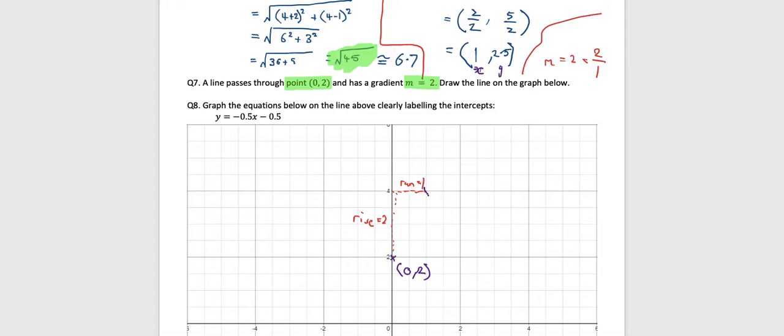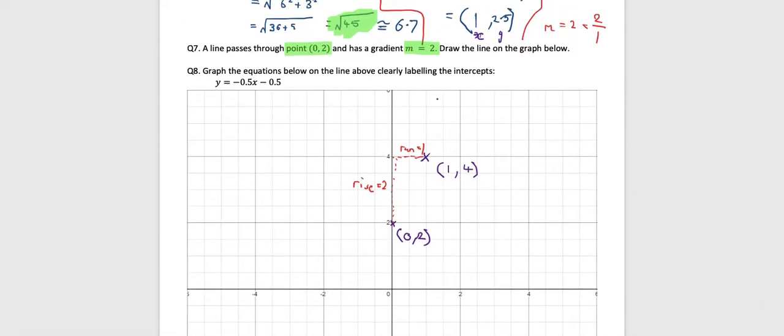So our second point is going to lie here. Because we've gone across 1, we can simply go 0 plus 1 equals 1, and then 2 plus 2 equals 4. So we are at point (1, 4).